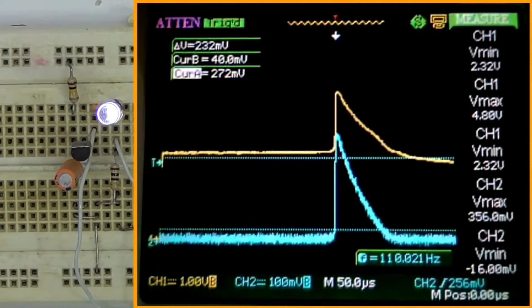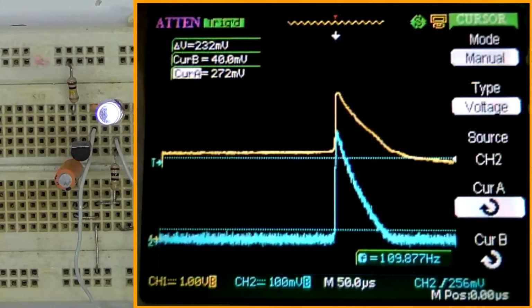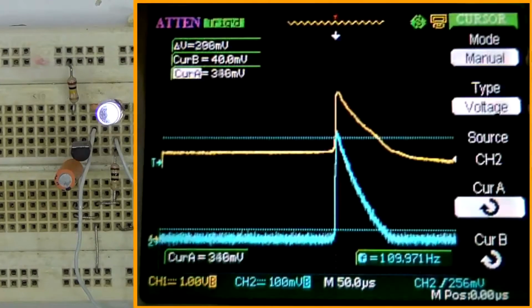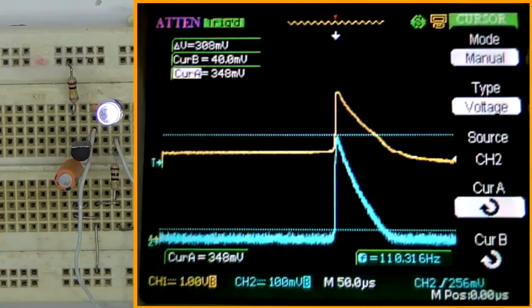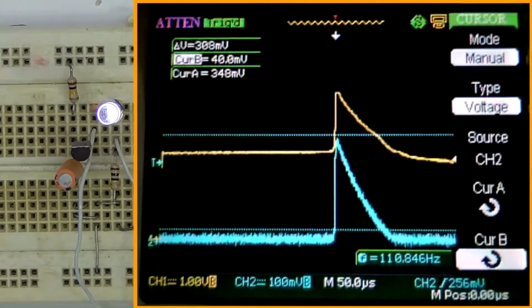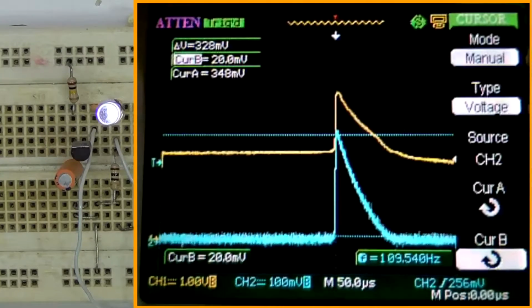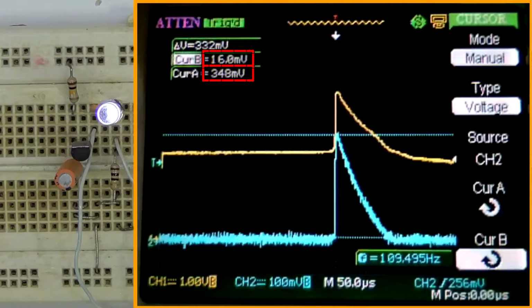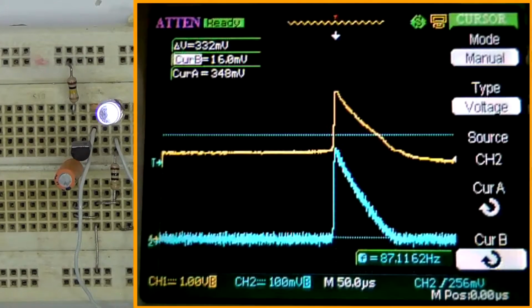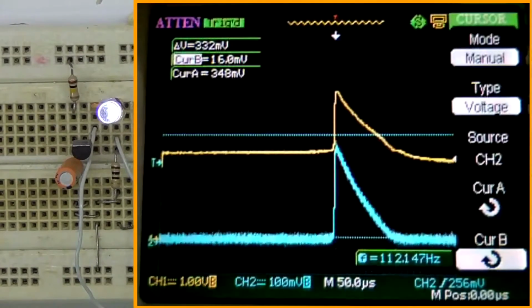So cursor A going up to there, and cursor B is pretty much at 0. So 35 milliamps, stopping at 1.6 milliamps. And I've got a 4.7 somewhere.